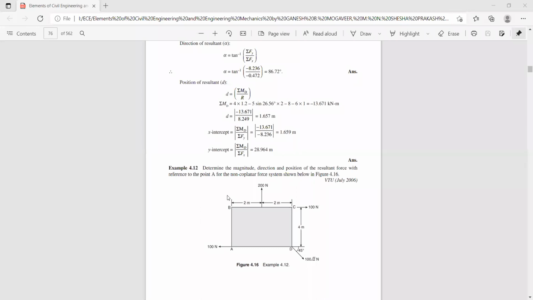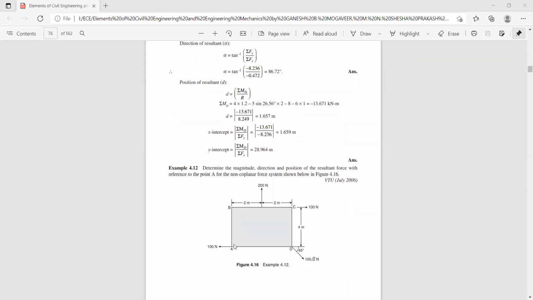Now select the reference axis about point A. Next, find the sum of horizontal components. In our case, minus 100 plus 100 plus 100 root 2 cos 45. If you resolve this, its x component is plus 100 root 2 cos 45.